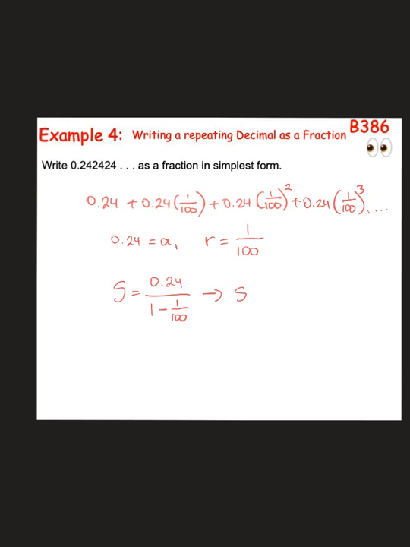So the sum is going to be 0.24 divided by 0.99.